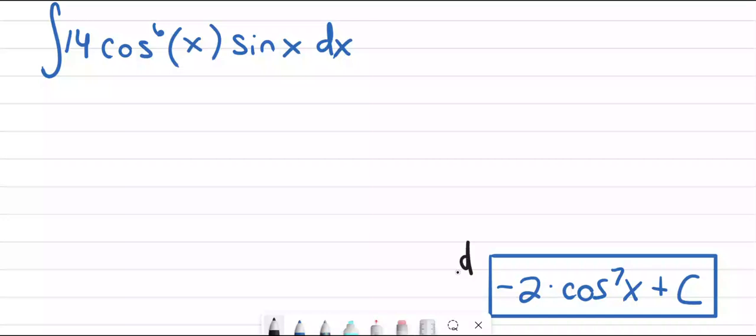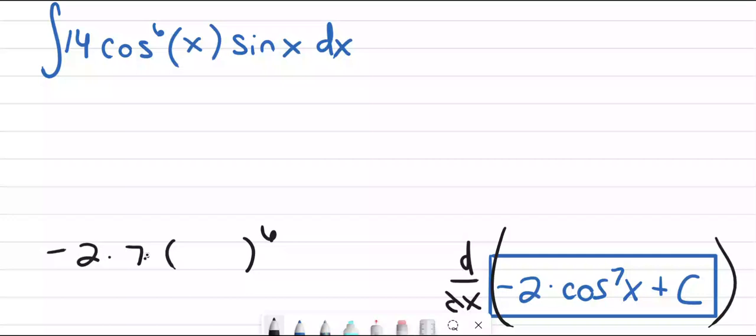All right, so if we were going to take the derivative of our answer, and notice, right, cosine to the 7th, that means cosine is the inside. So we have something to the 7th power, which the derivative of something to the 7th is 7 something to the 6th, right? It's like chain rule. And then times the derivative of the inside.